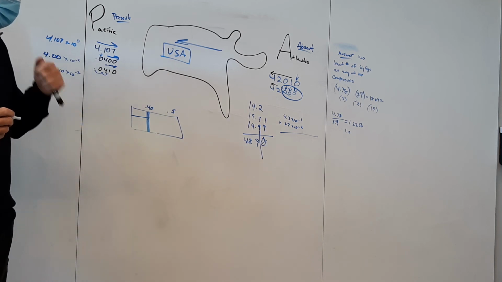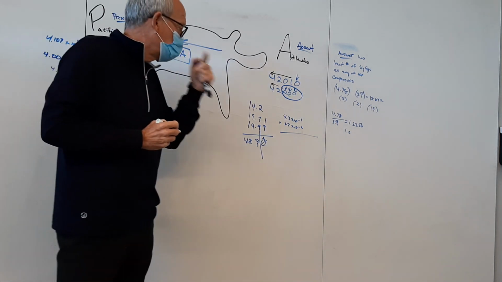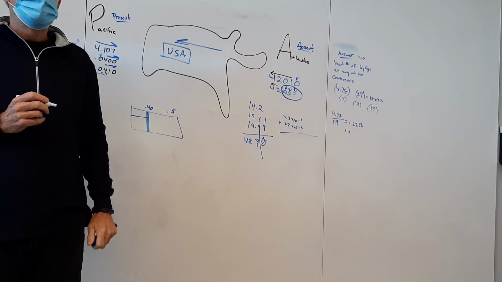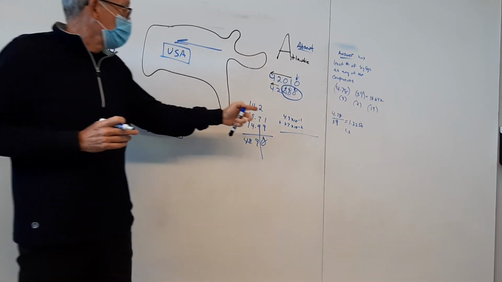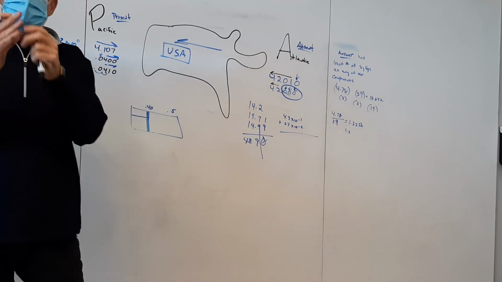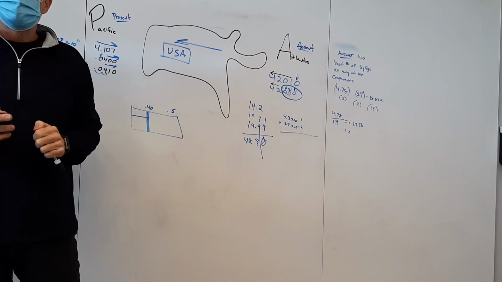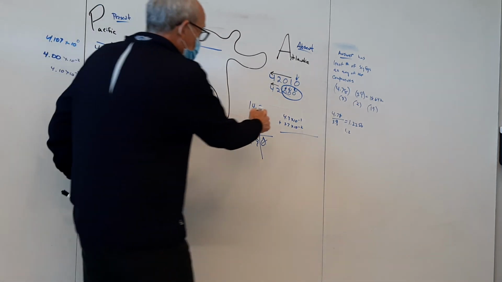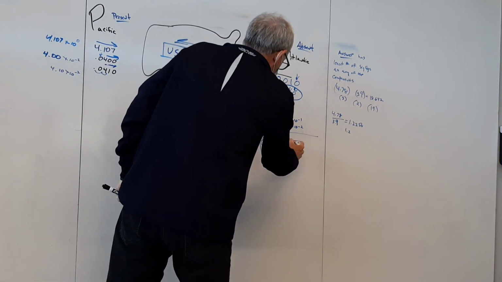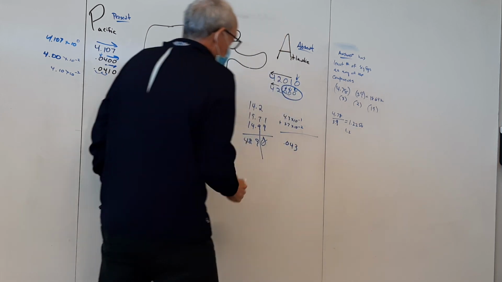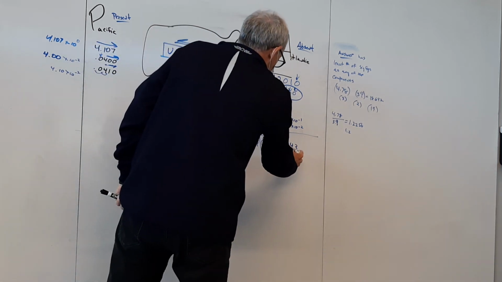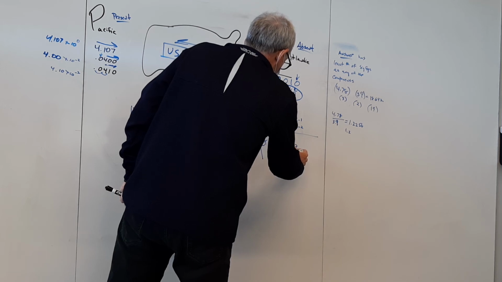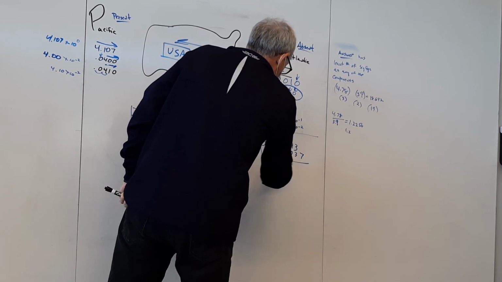Well, I find it a lot easier to change them to the same scientific notation or just write them out as whole numbers. Which do you want to do? Whole numbers? So this one is 0.043, and this one is 0.037.